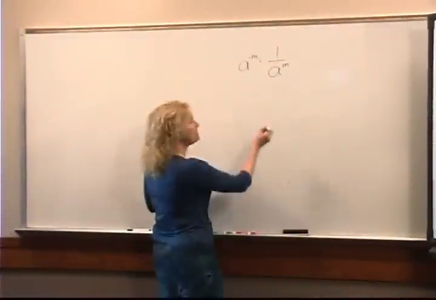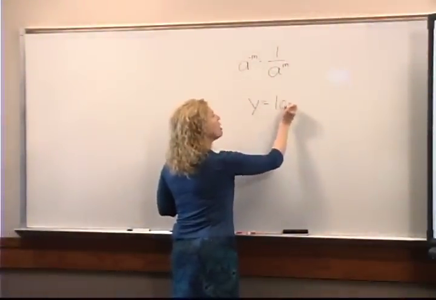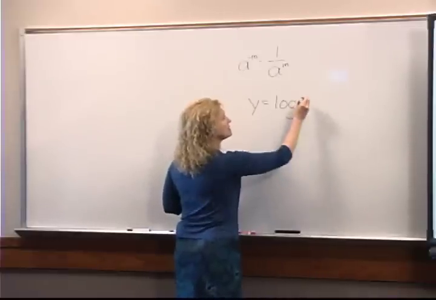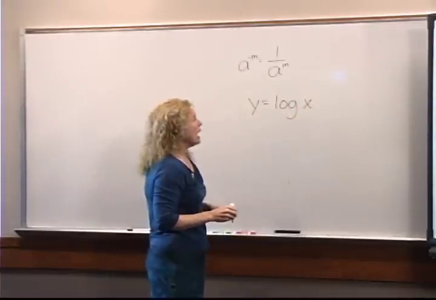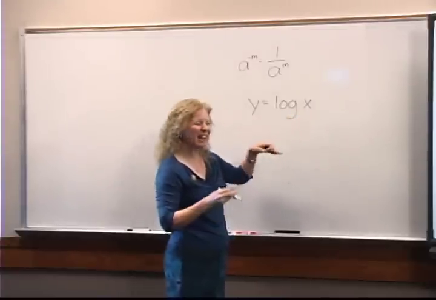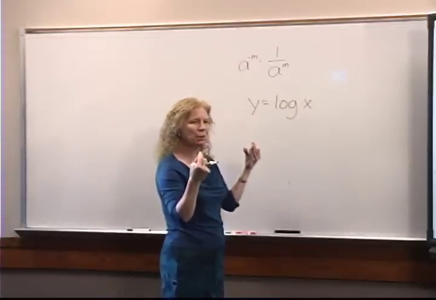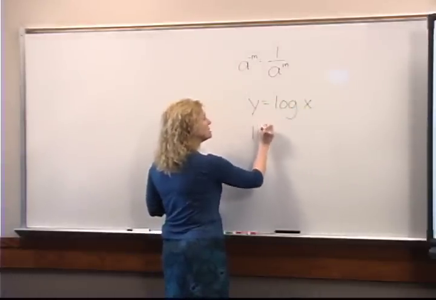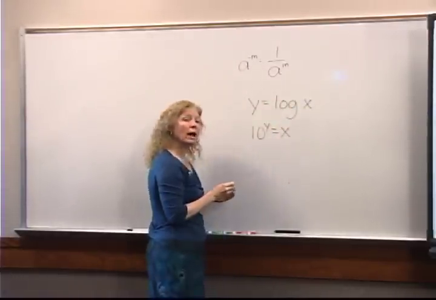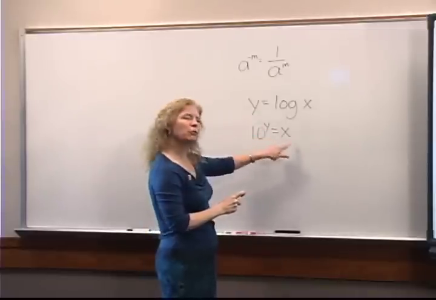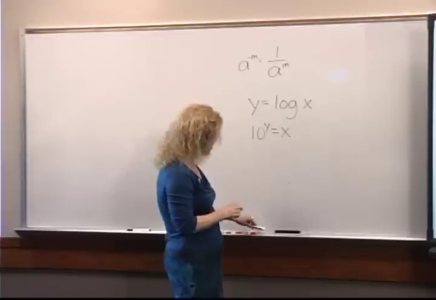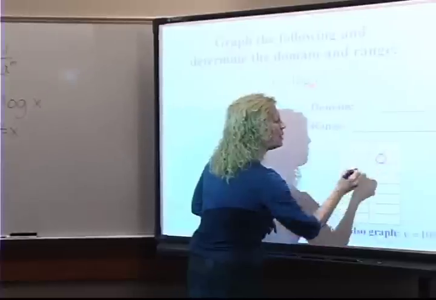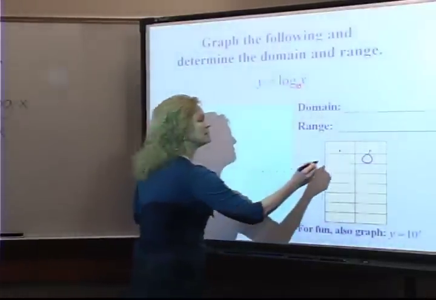I'm going to make a table of values, but if I have y equals log of x, I can put in numbers for x, but it's really hard to do all that backwards thinking. So why don't I just think 10 raised to the y has to equal x. And it's a little bit easier for me to create my table of values from there. So if y is 0, x is 1.